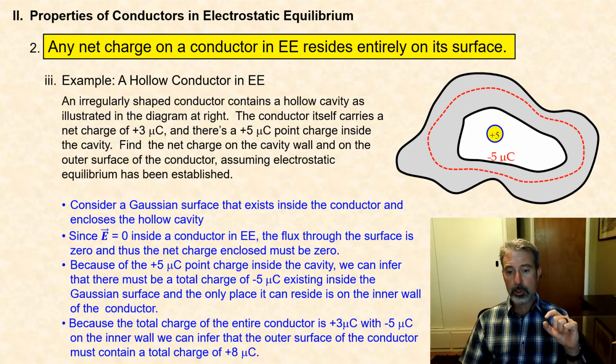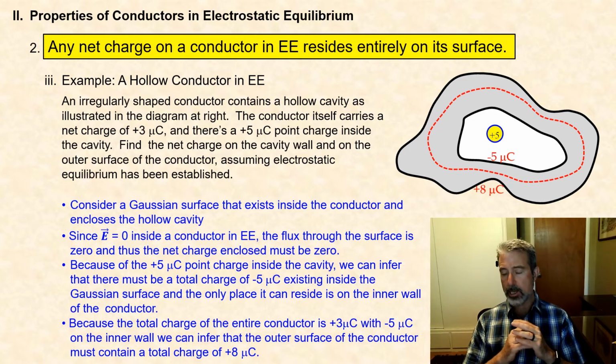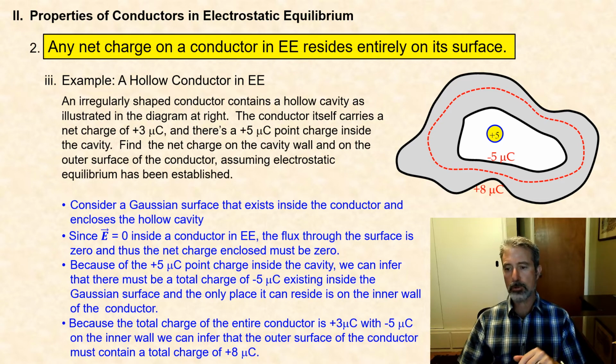So given that the total charge of the entire conductor is positive 3 microcoulombs with minus 5 microcoulombs on the inner wall of the conductor, we can infer that the outer surface of the conductor must contain a total charge of positive 8 microcoulombs, in order for that conductor to possess a net charge of plus 3 microcoulombs.